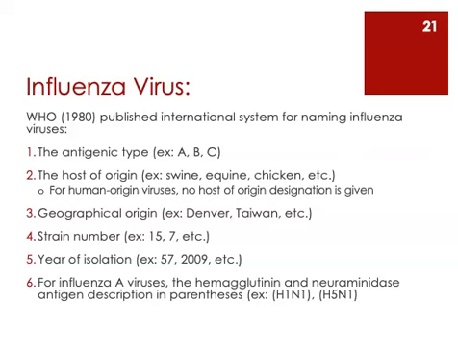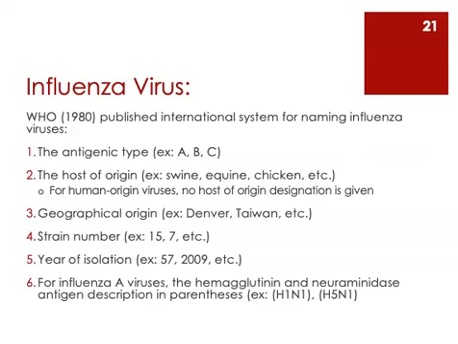When you read the actual scientific name of any particular influenza virus, it's going to include the antigenic type, so whether it's A, B, C, or D, although no D's because that one infects cattle. It's going to include the host of origin. So where did this influenza virus come out of? These might be things like pigs or swine, equine, which means horses, avian, chickens, ducks, and so on.